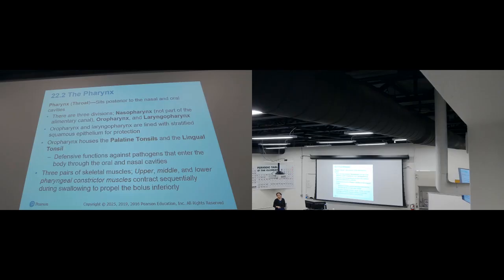These tonsils help to protect the entrance to the digestive tract by having lymphocytes, so that in case you ingest something that has bacteria, you start having the formation of clones of lymphocytes to fight these bacterial infections. Or not only bacteria, but any pathogen in general. And these are then the names of these constrictors: upper, middle, and lower.